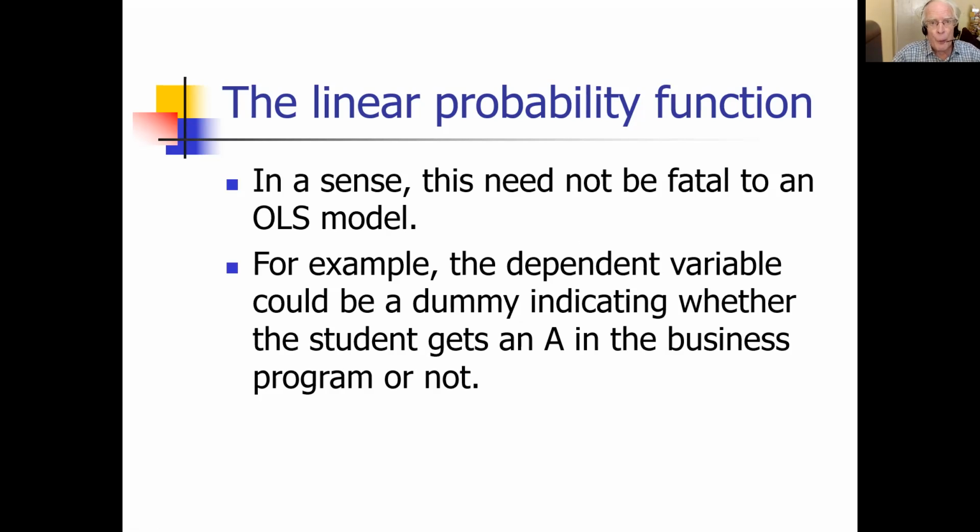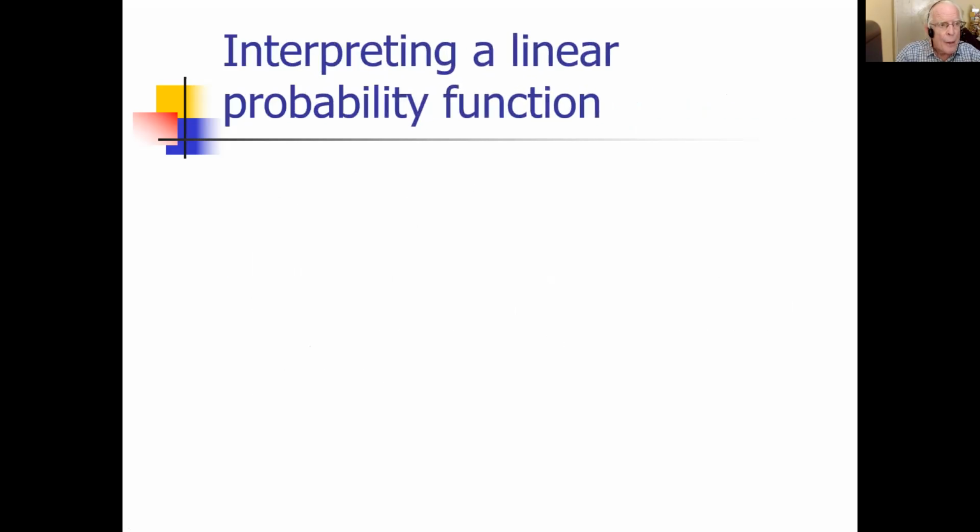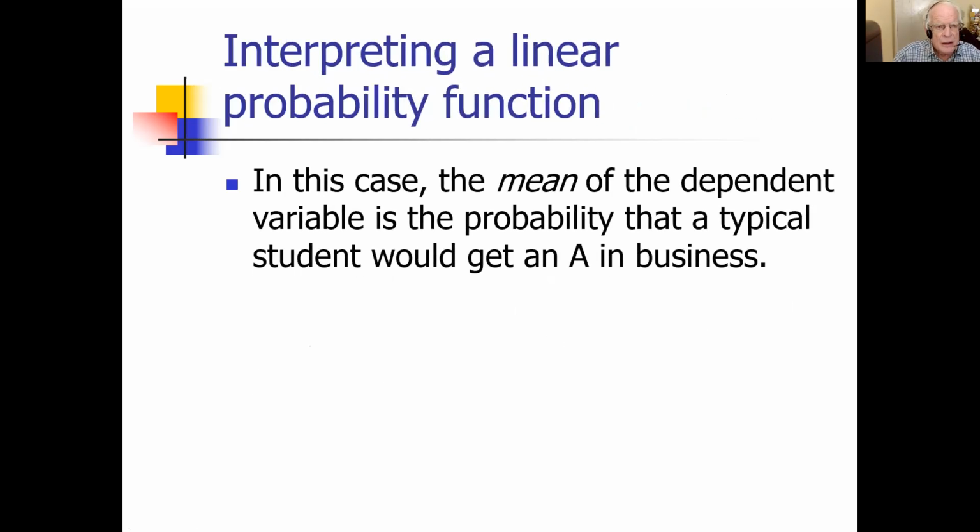So let's suppose in this example that we set the dependent variable equal to 1 if the student has gotten an A in the business program and equal to 0 otherwise.